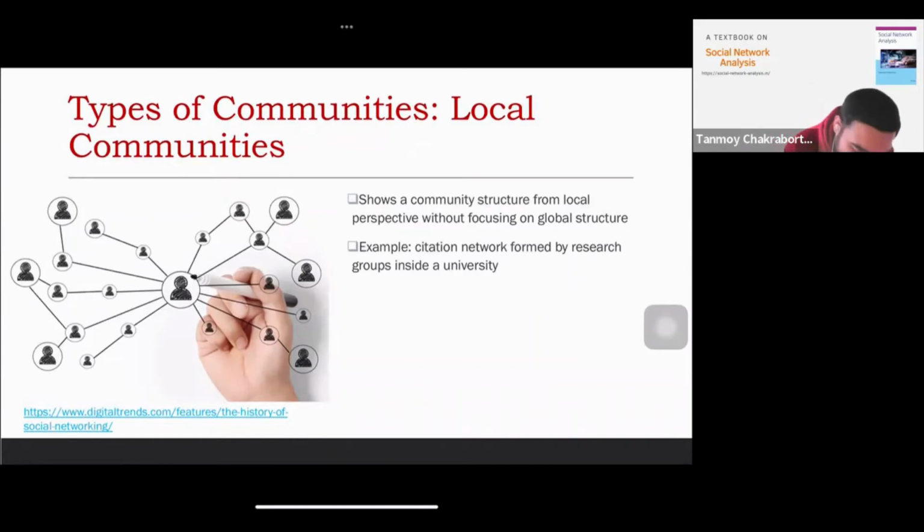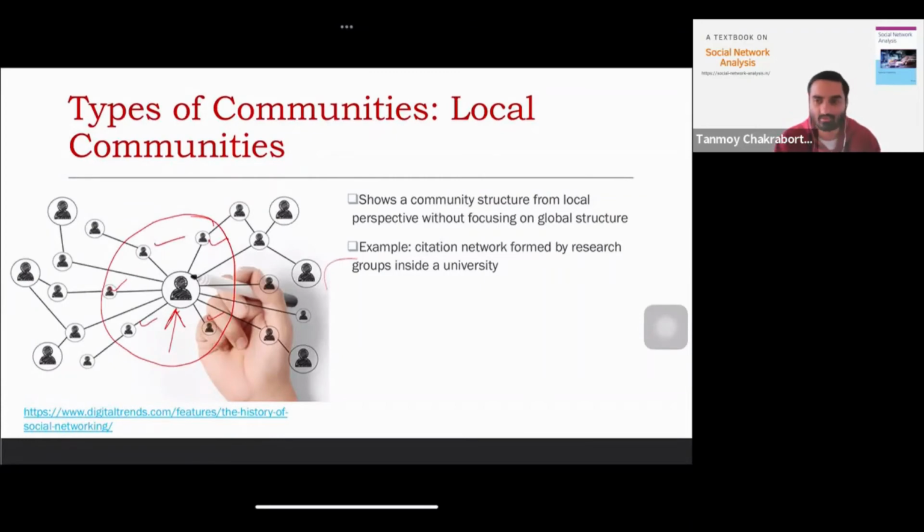So I am only interested in those nodes which are part of the same community as this node. Say this node belongs to this community, so I am only interested in discovering this node, this node, this node, this node, and this node. I'm not interested in other nodes. This is called local community.